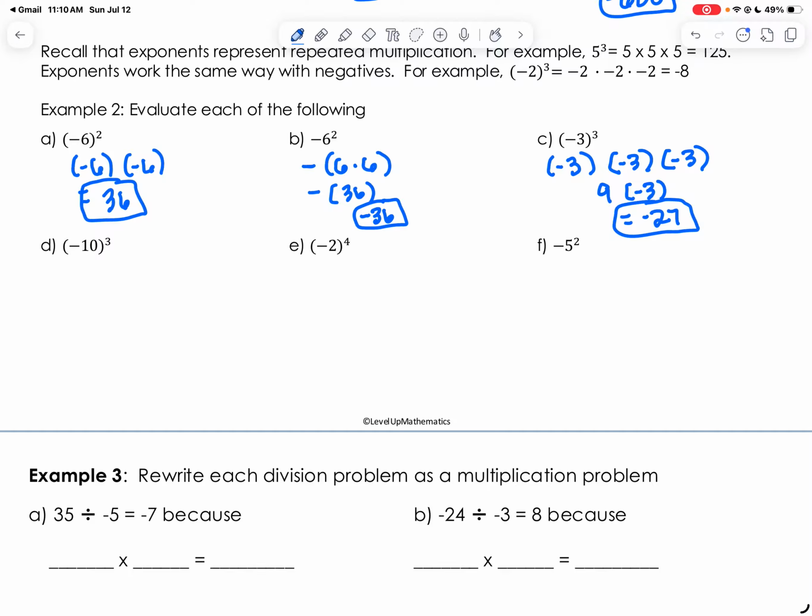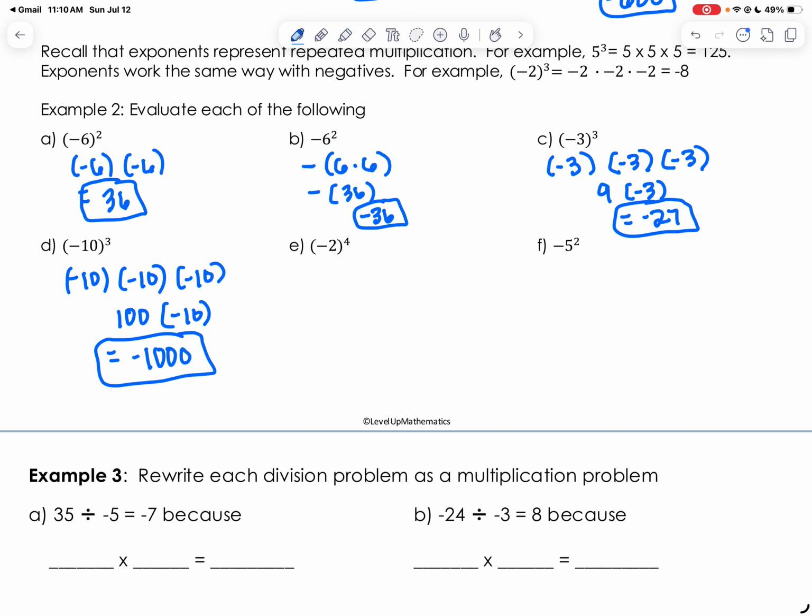All right, problem D, (-10) to the third power would be -10 times -10 times -10. Well, -10 times -10, and a negative times a negative is a +100, times -10, and that would simply be -1000.